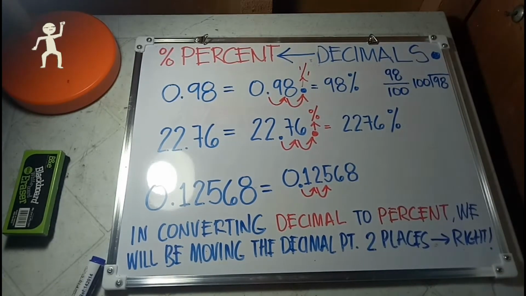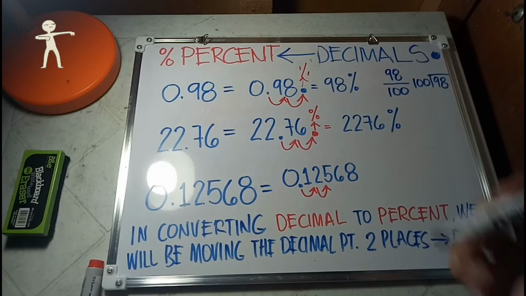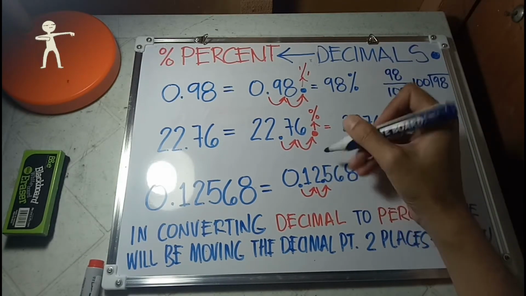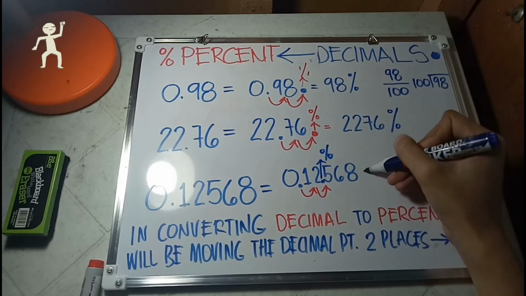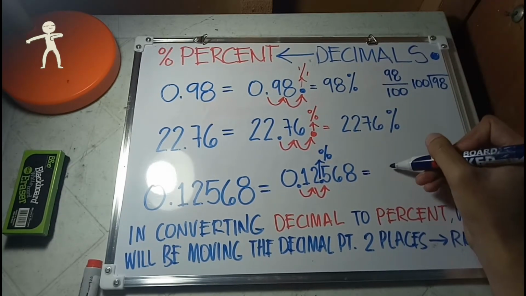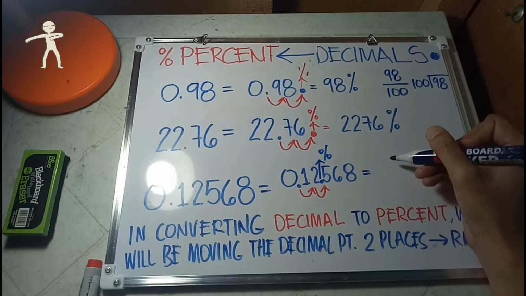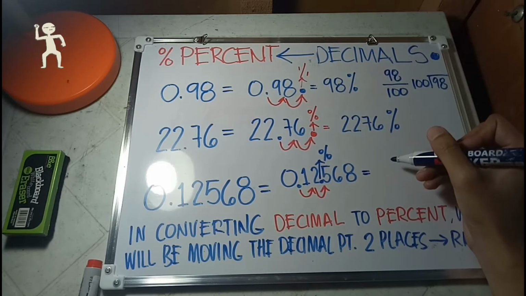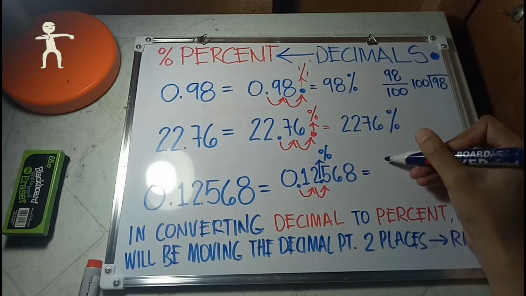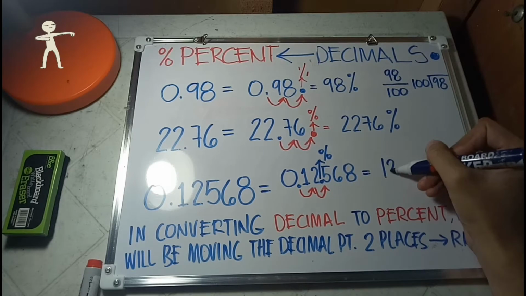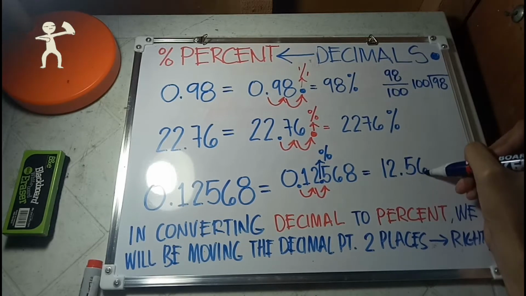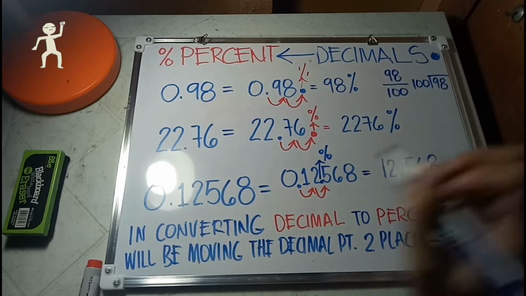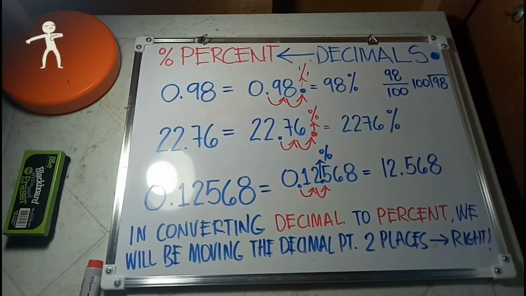So nandito na yung decimal point natin, and we'll be converting this into a percentage sign. So we will be having 12.568.